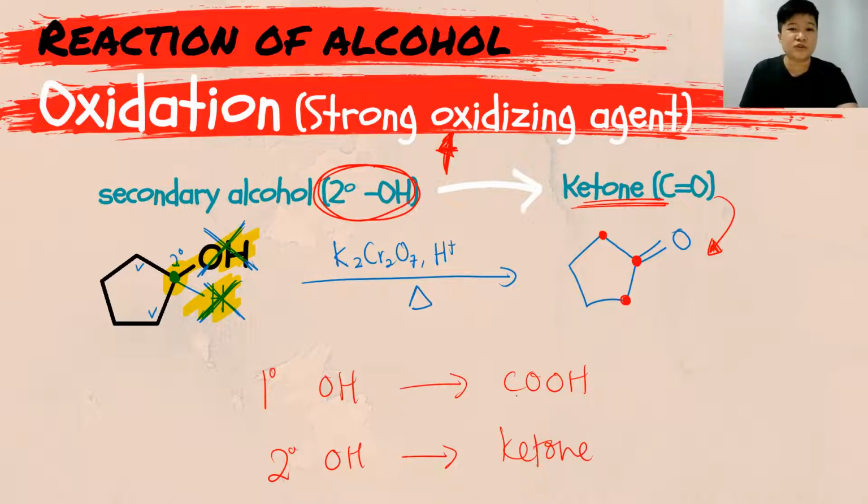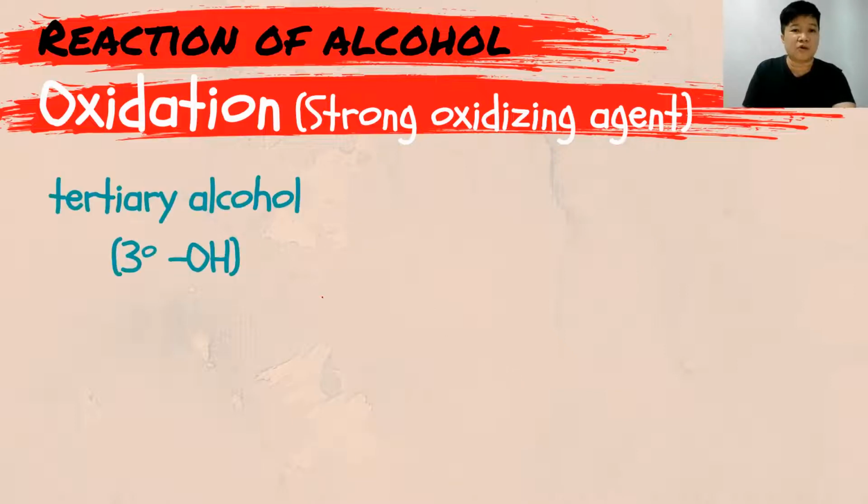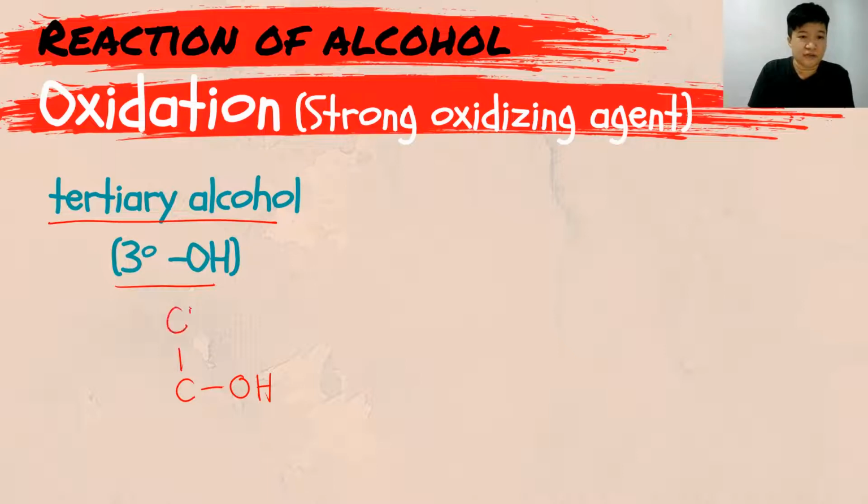Let's move on to your tertiary alcohol. So what happens when you are having a tertiary alcohol? Tertiary alcohol, we know that it looks something like this, holding to a carbon, holding to a carbon, and holding to your carbon. That is the simplest tertiary alcohol that I can give to you.